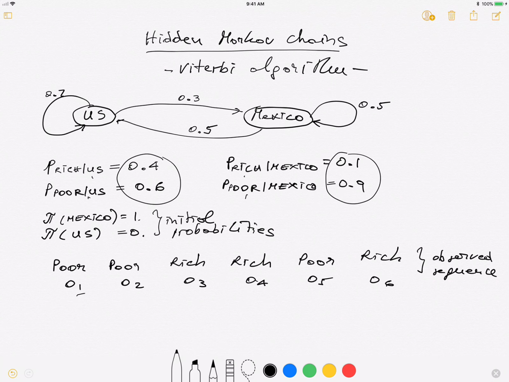The index from 1 to 6 indicates the year when we actually observe this sequence. So this is my observed sequence. This is what is given.